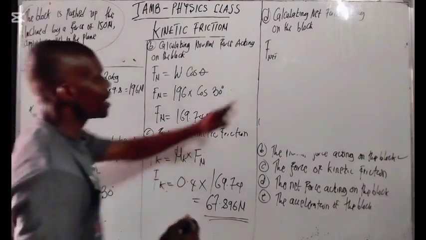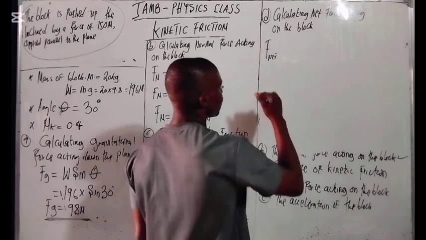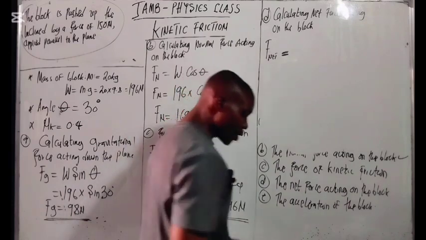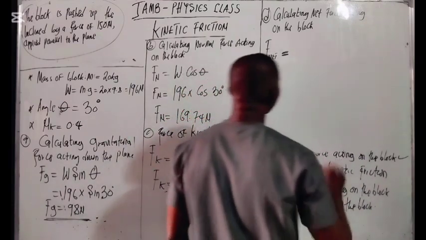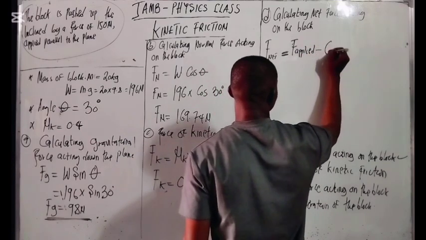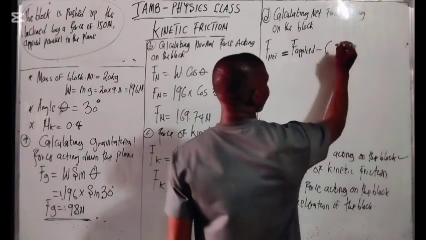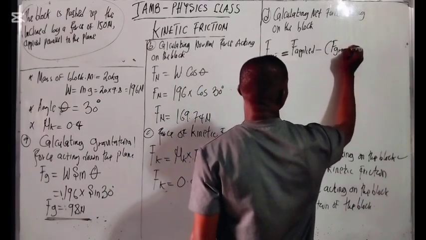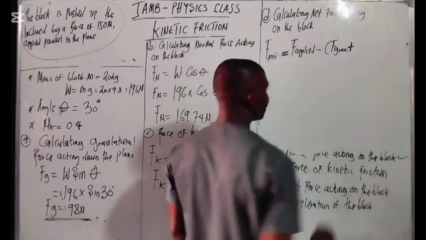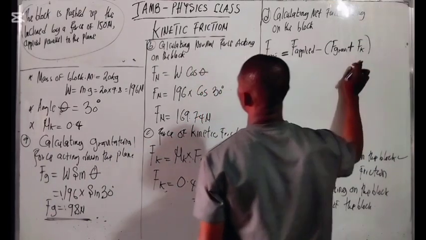It's okay. Now what about net force? Net force, we call net force is equals to, please take it down. There's a formula here. Net force is equals to the applied force minus F gravitation, that is the gravitational force, plus the frictional force, F k, which we call kinetic friction.